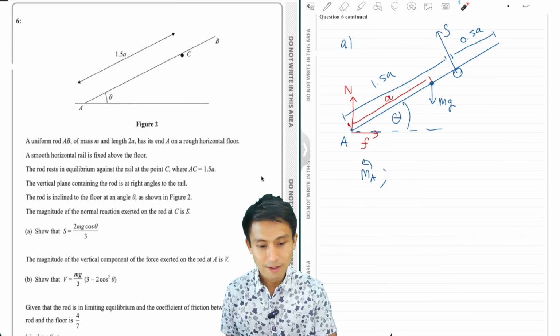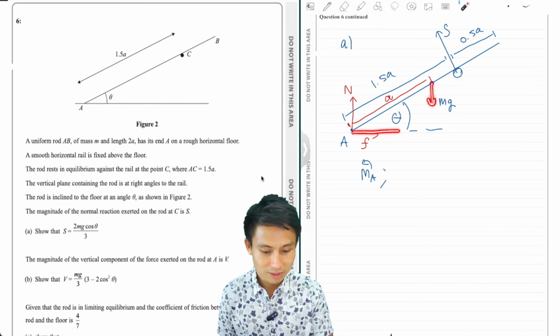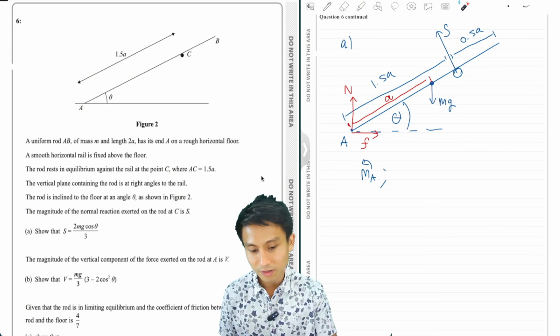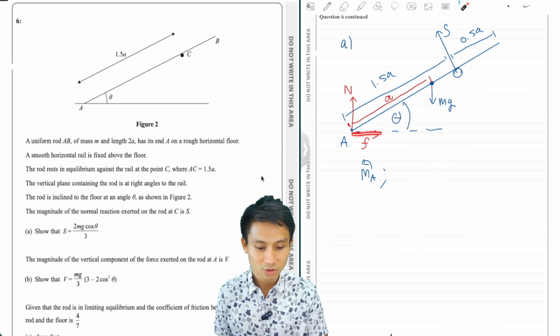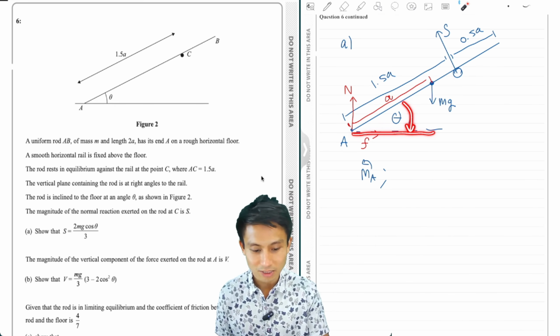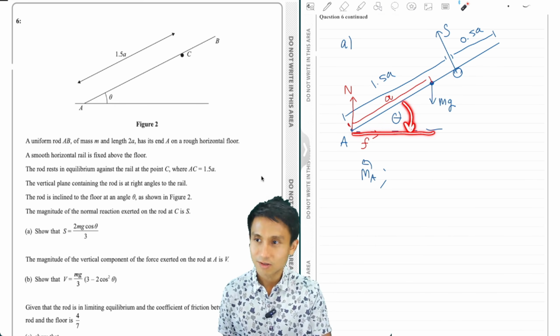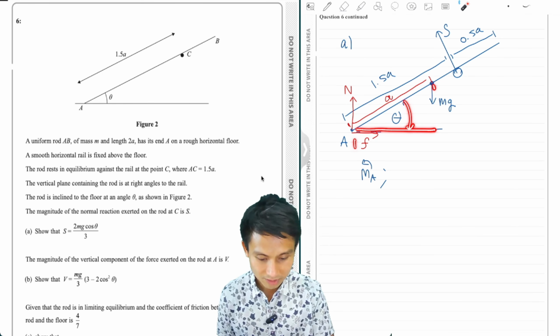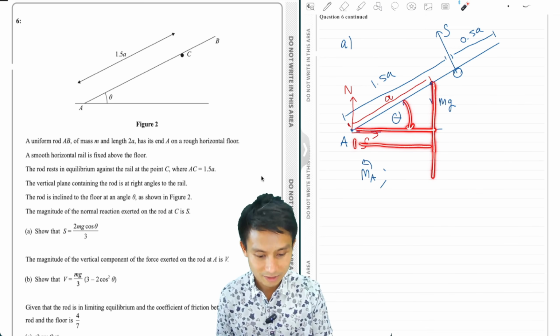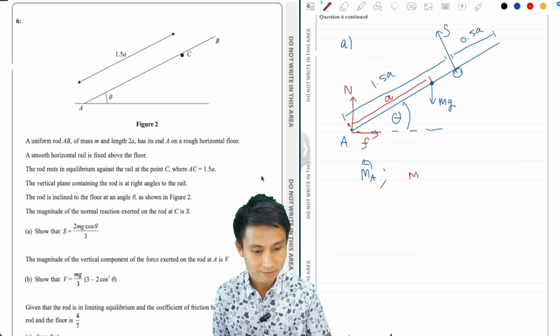If we do mg times this perpendicular distance, I prefer not resolving the force, but resolving the distance here. This distance is just a cos theta, because it's adjacent to the angle. Adjacent is cos. So this is a cos theta, and this is mg.